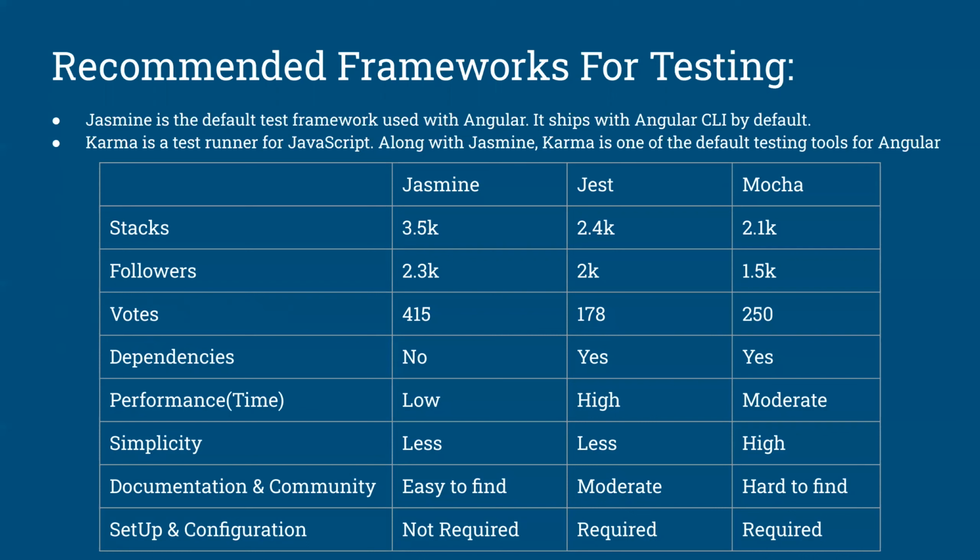So basically, whenever we set up our Angular project, we get Jasmine and Karma by default, and we don't need to import any extra library to support this testing framework. We can see the comparison that in terms of stacks, it has the highest number of accounts compared to Jest and Mocha.